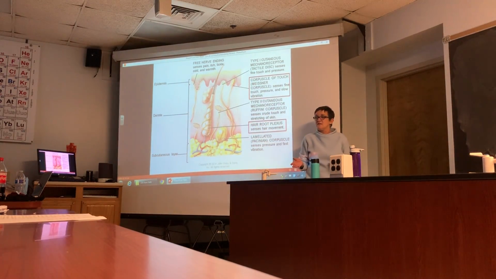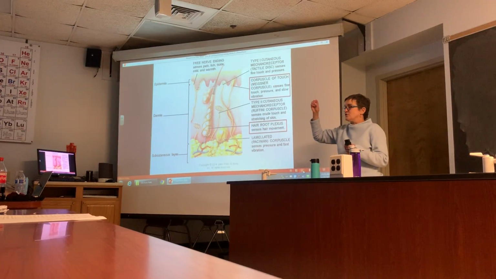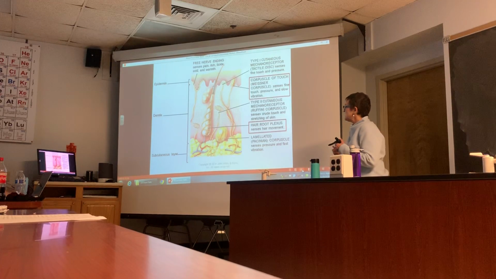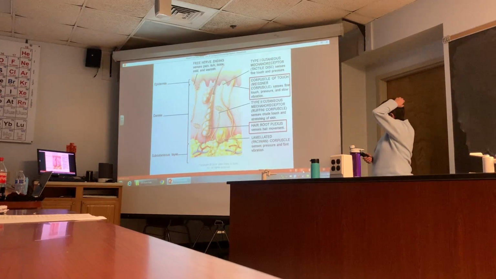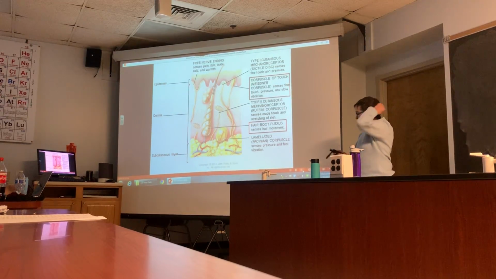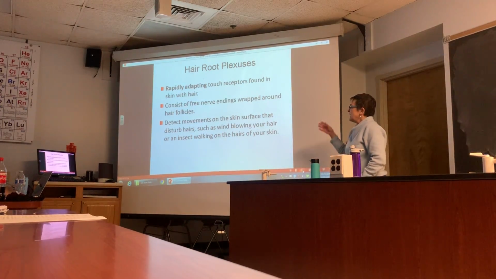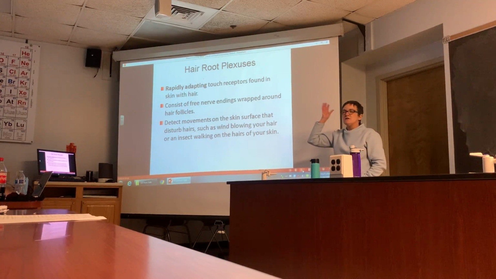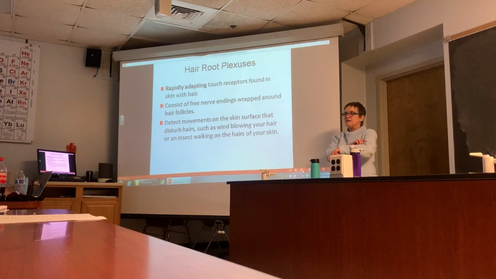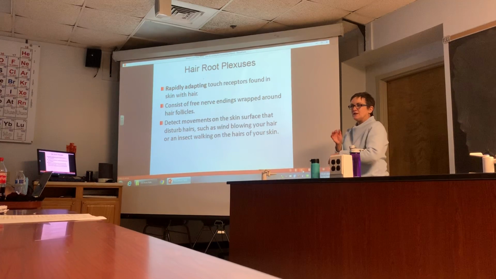Basically, hair root plexuses are nerve networks or dendrites wrapped around the hair follicle, and what they sense is hair movement. So when the hair is blown by the wind, or an insect is walking on your skin and tickling those hairs, you would feel that. That's one of the benefits of having hair on your body: you can feel if an insect, like a tick, is walking on you, so you can knock it off.